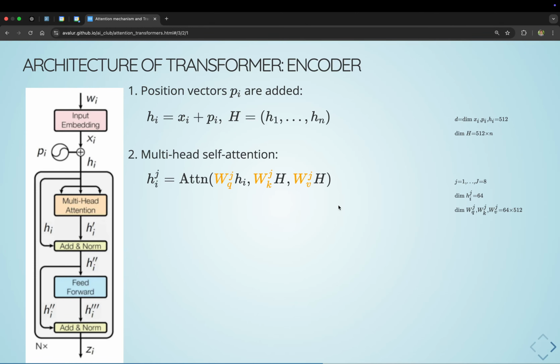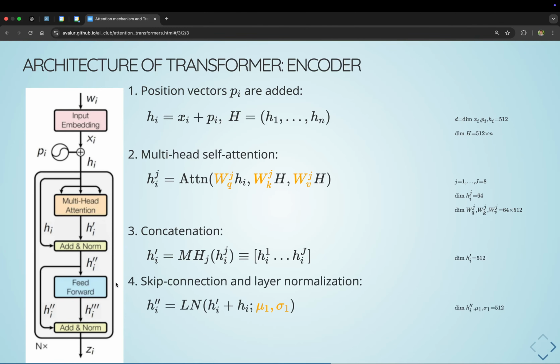So the next step here you see is add and norm, and of course after multi-head self-attention we need to perform concatenation, and the result is, you see, vector h prime i with the same dimension 512 as before, as the dimension of the input embedding. And after concatenation, in this add and norm block, we can perform addition, which is called a skip connection.